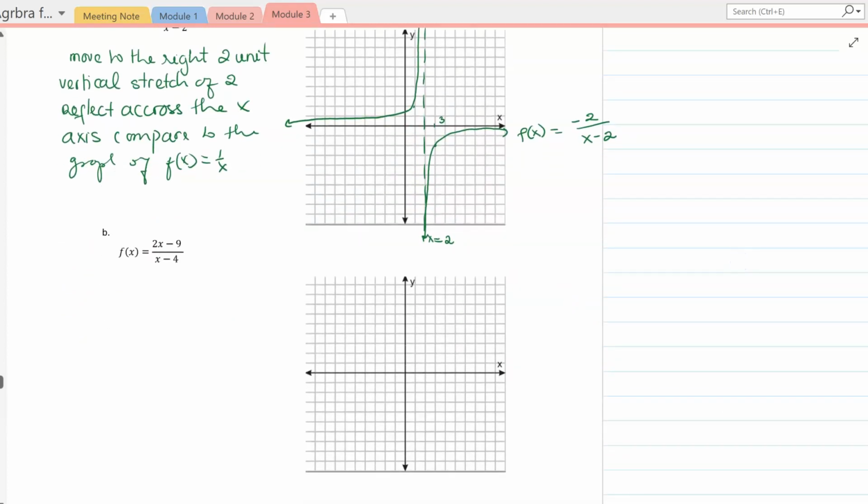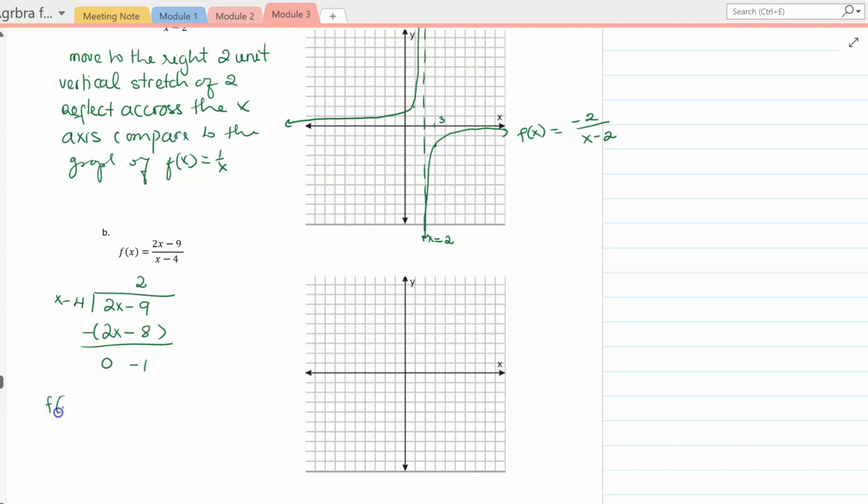Now in the next case, we get f of x equals 2x minus 9 divided by x minus 4. The best way to figure out the transformation is to start with long division. So x minus 4 into 2x minus 9. This is 2, so 2x minus 8, subtract, and here is minus 1.